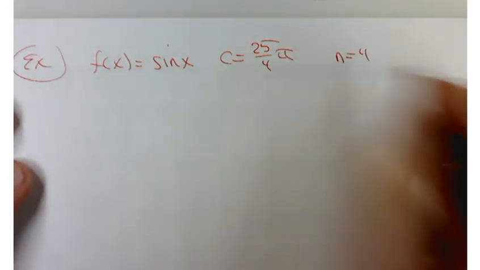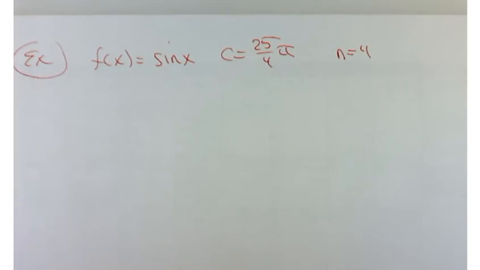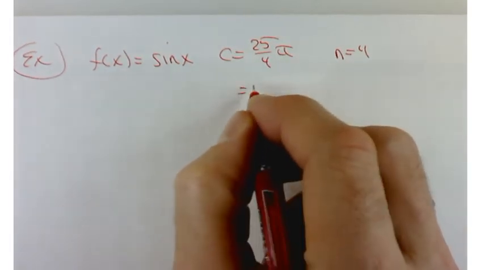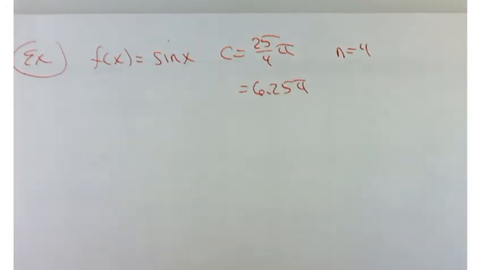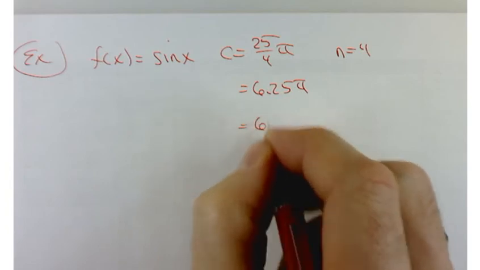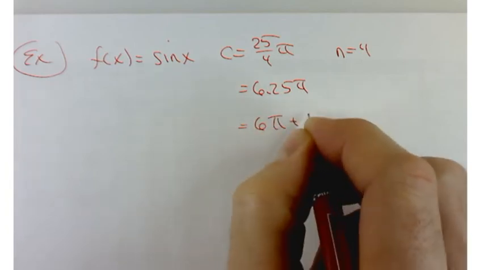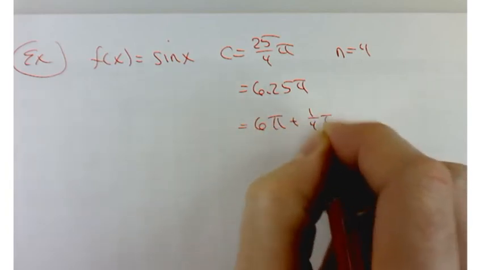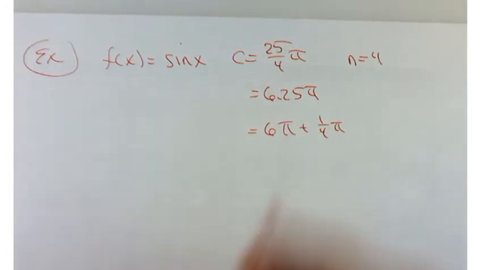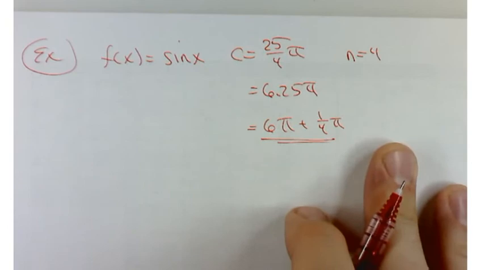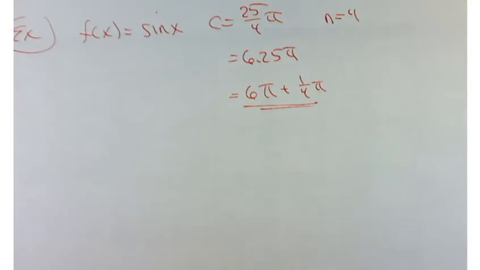And I want the first 4 terms. 25 over 4 pi is 6.25 pi. And it's helpful to note that because that's also 6 pi plus 1/4 pi. 6 plus 1/4 or 6 1/4. So let's just keep that notion handy for a little bit.